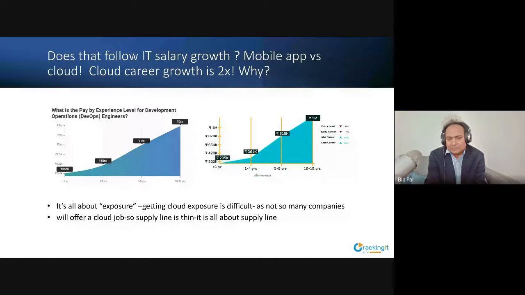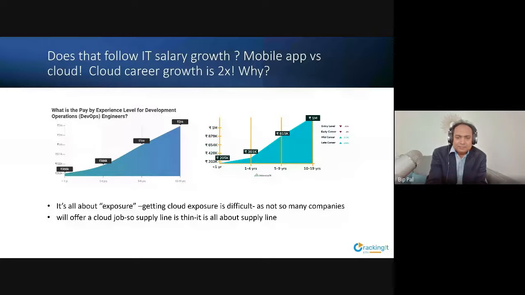I'm coming back to why that is. I've shown that DevOps job growth is way slower compared to mobile. In fact, on the left-hand side of the curve the job growth is almost one third of mobile app. But if you look at individual career salary growth, it's quite the opposite picture.